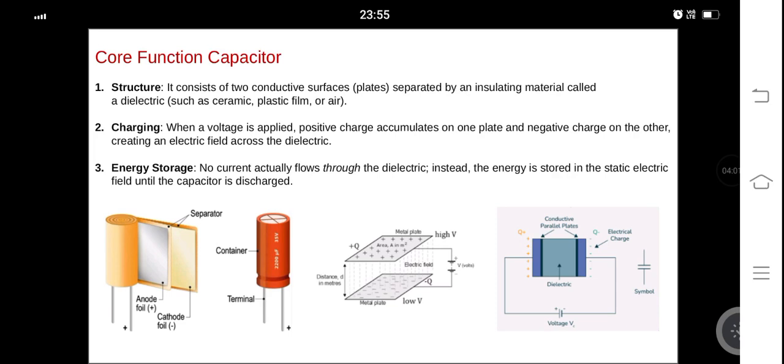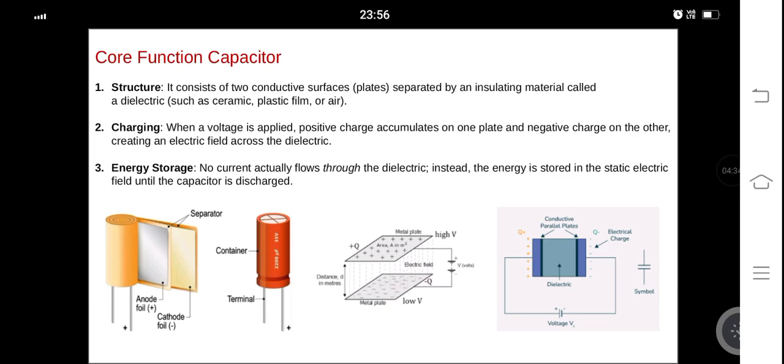The current always flows from positive to negative direction, so the positive charges accumulate on the anode plate and the negative charges accumulate on the cathode plate. And then the electric field is generated across the dielectric.